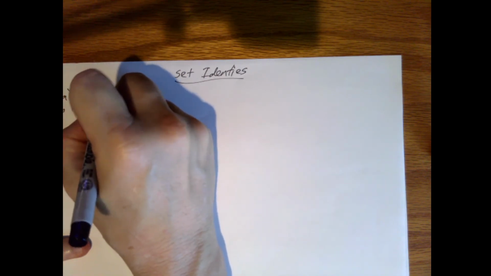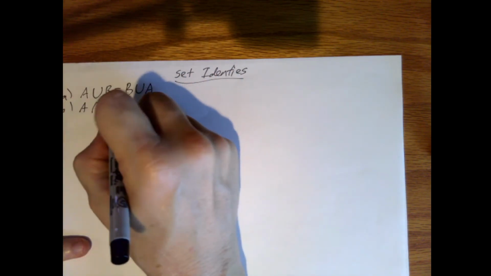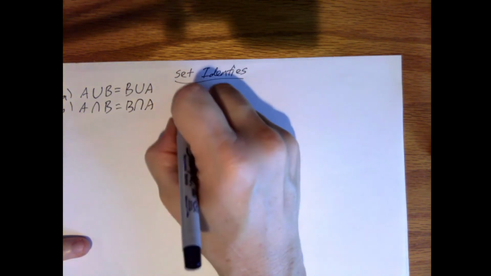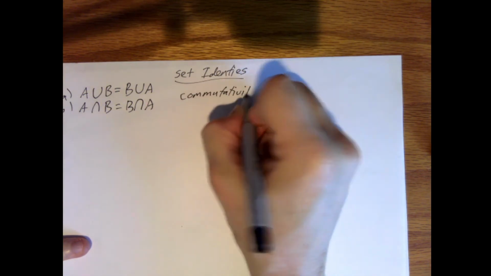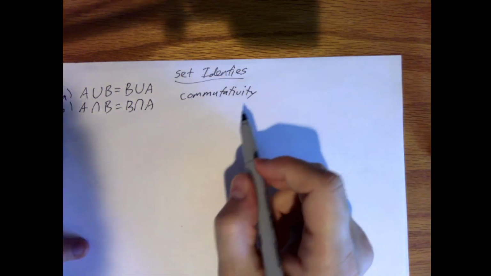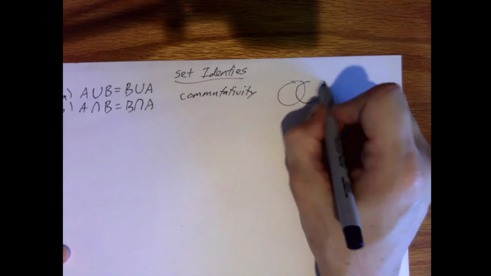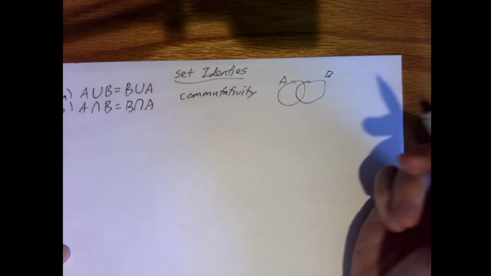The union of A and B is equal to the union of B and A. The intersection of A and B is the intersection of B and A. So we say we have commutativity. This should make sense, right? If we're talking about here's A and B, if we're combining these, does it matter which one we think is on the left, which one's on the right? Not really, right?